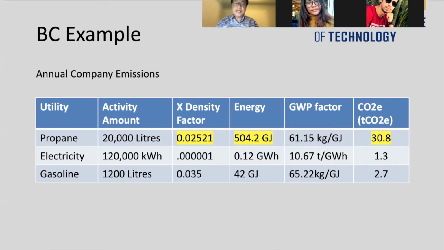Any question on that? This is a whole, simple, brief calculation on one fuel's consumption. Any question?